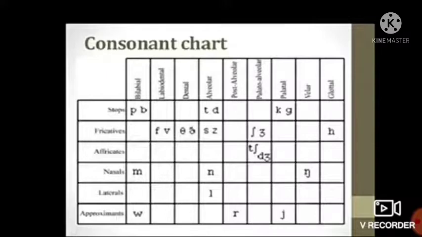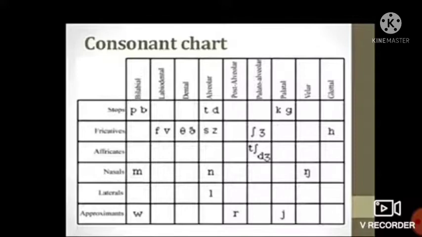Then affricates, ch is a voiceless palato-alveolar affricate, j is a voiced palato-alveolar affricate. Then nasals, m is a voiced bilabial nasal, n is a voiced alveolar nasal, ng is a voiced velar nasal. Then lateral, l is a voiced alveolar lateral.